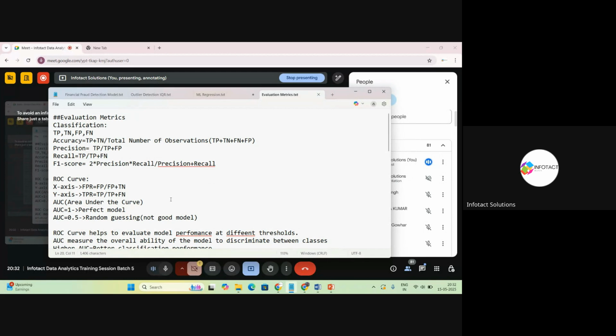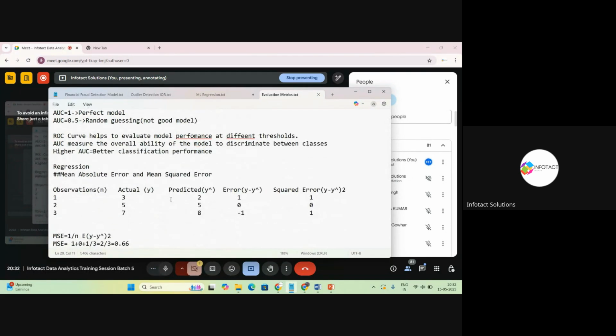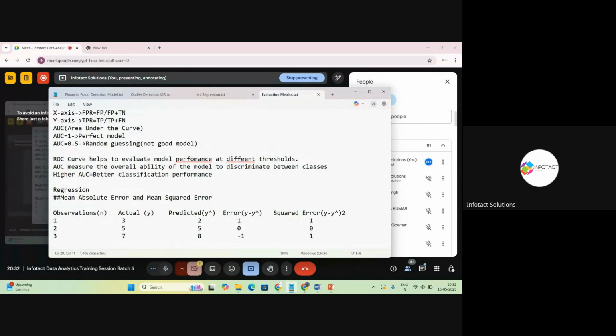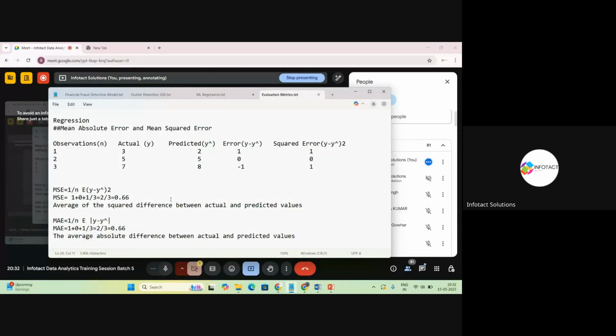So when you're talking about mean square error and mean absolute error: mean absolute error is the average absolute difference between the actual and the predicted value. It can be formulated as 1 upon n, summation of i equals 1 to n, of the magnitude of y minus y dash, meaning the magnitude of actual minus predicted value.